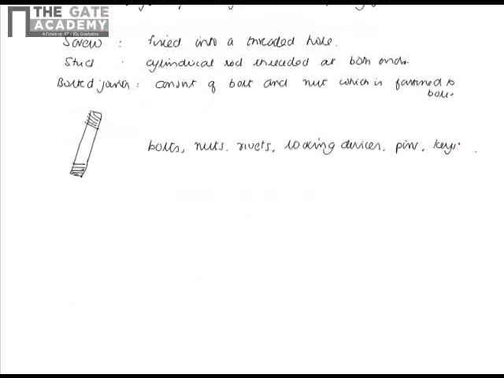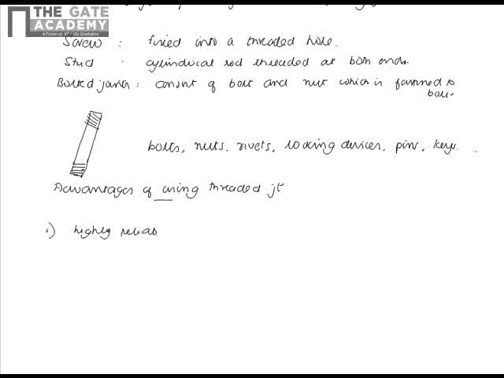Now, this threaded joint has some advantages. The major advantages of using a threaded joint can be written as: the first one is that threaded joints are highly reliable in operation, and they are very convenient to assemble and disassemble.